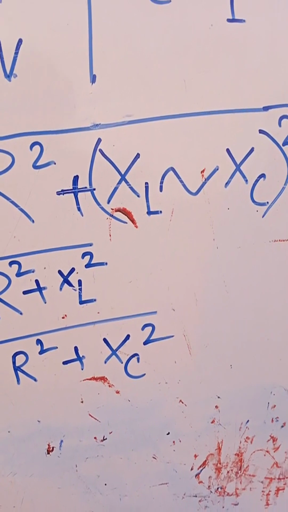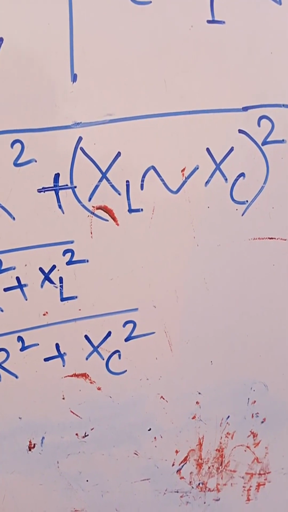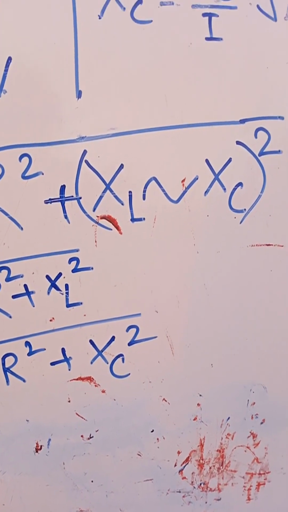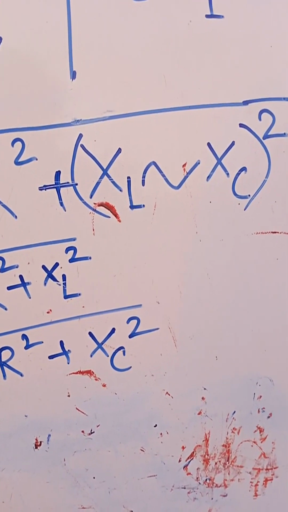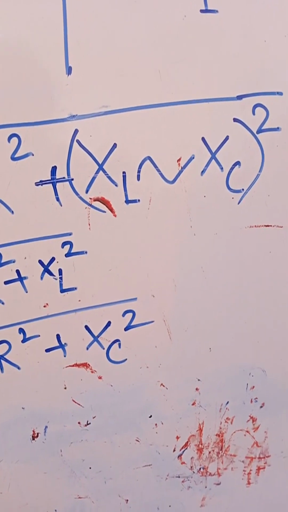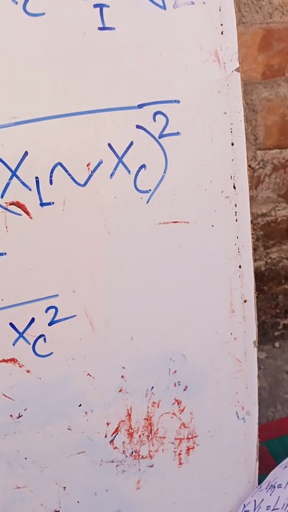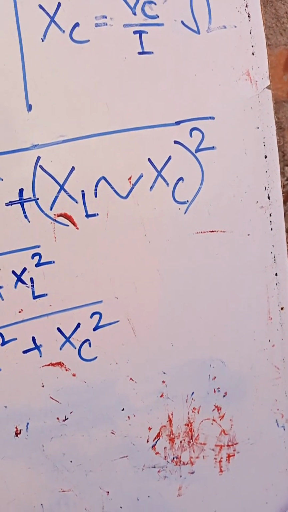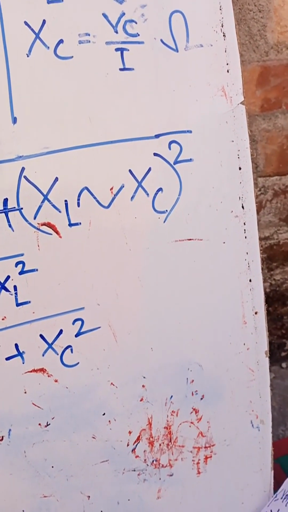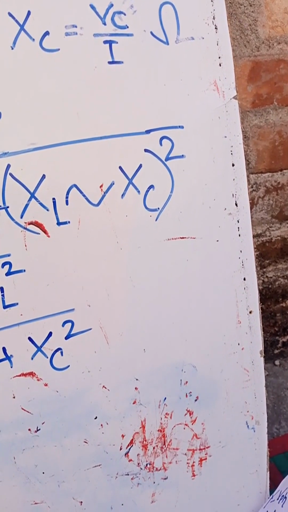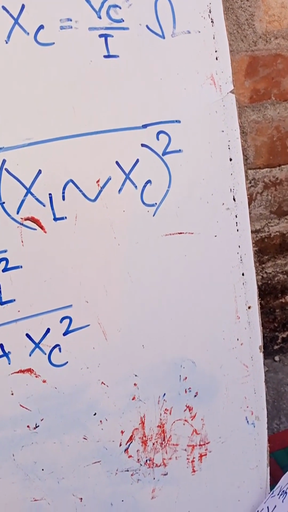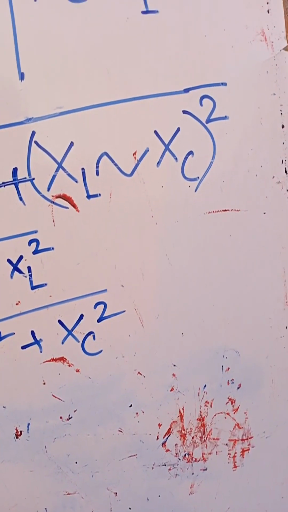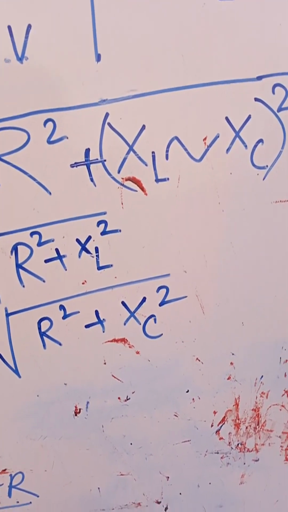Inductive reactance ohm, capacitive reactance ohm, active power watt or kilowatt, reactive power unit is VAR, volt ampere reactive or kilovolt ampere reactive, and apparent power is volt ampere or kilovolt ampere. These are the units, very very important.